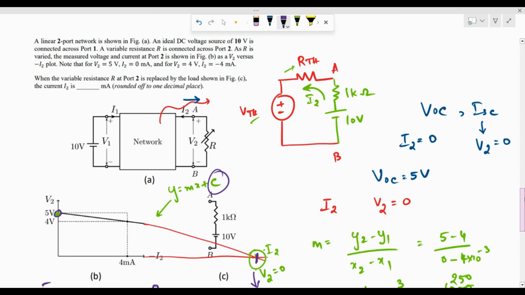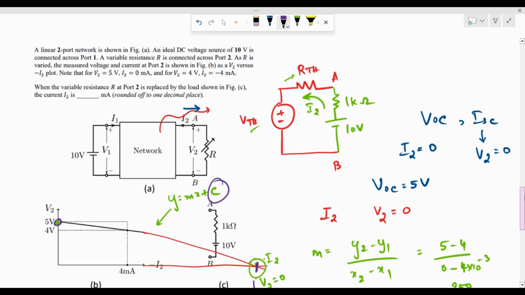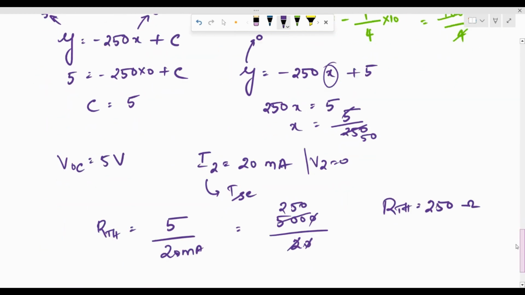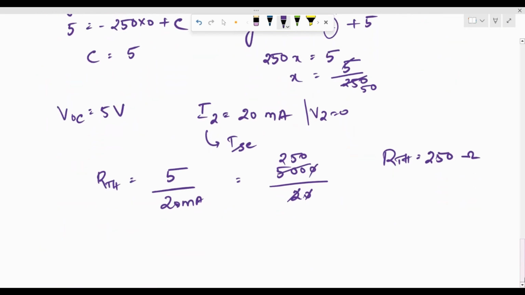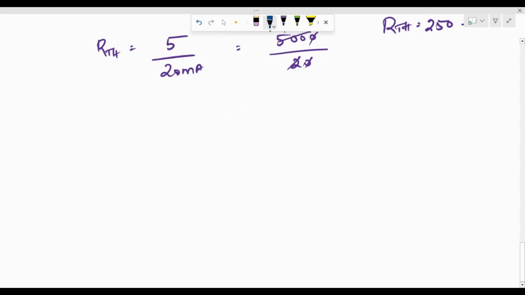Having said that, we can now replace the values of VTH and RTH over here and then find out I2. So I'm going to redraw the circuit here and I'll get it as, this is plus minus 5 volts, RTH being 250.